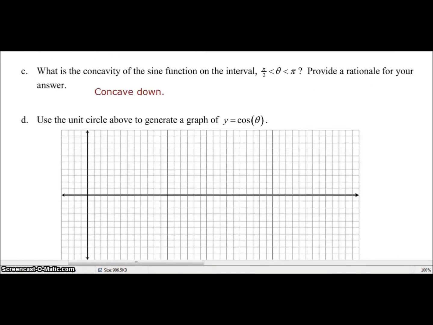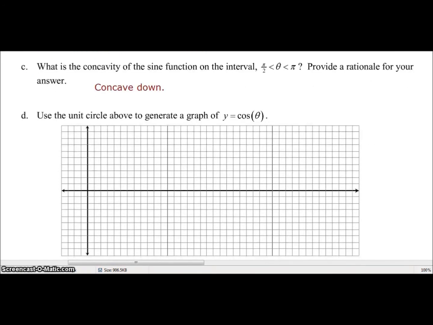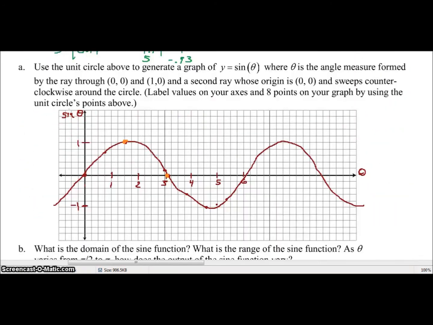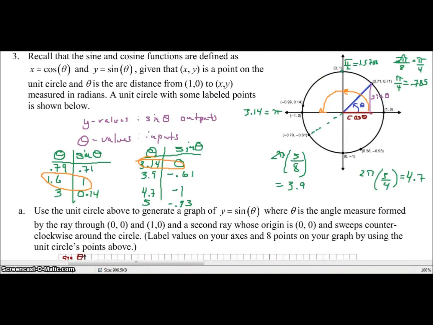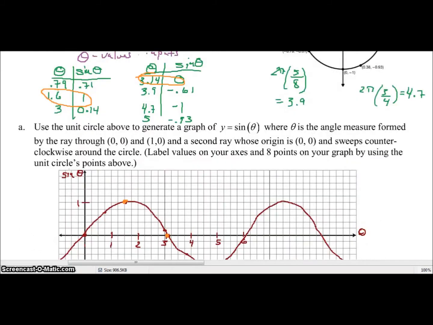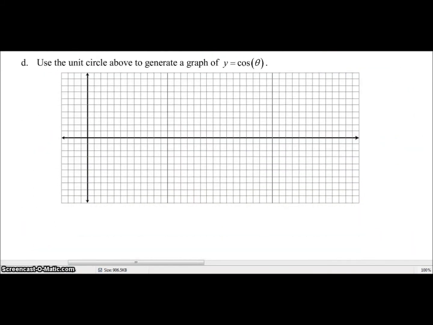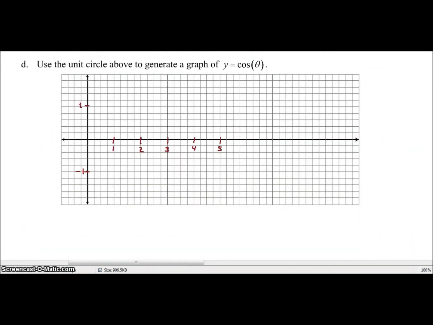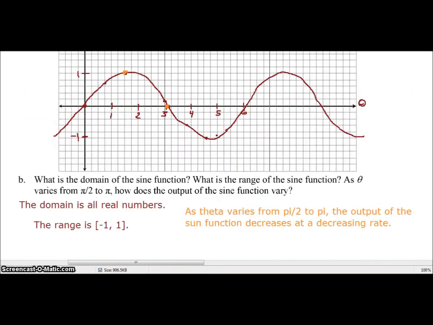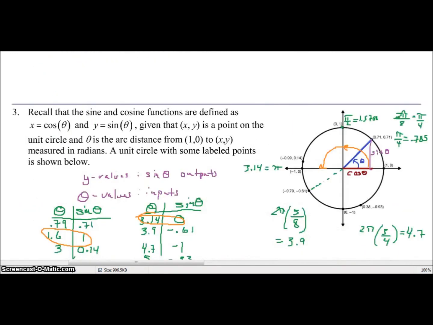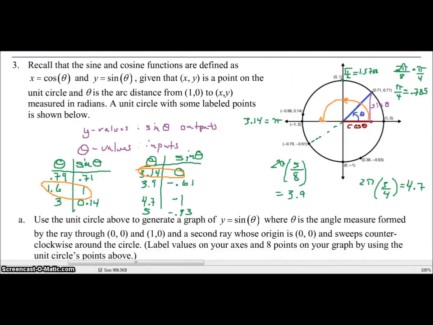Use the unit circle above to generate a graph of y equals cosine theta. So this won't be too hard now that we've got all the angles. I'm going to create a similar graph. So I have everything labeled here. For the cosine theta we need the x values. Those are going to be our outputs.